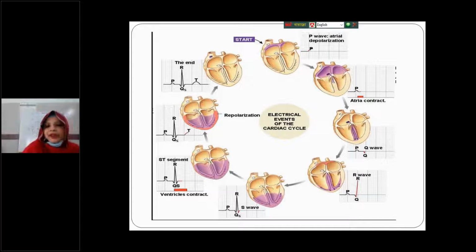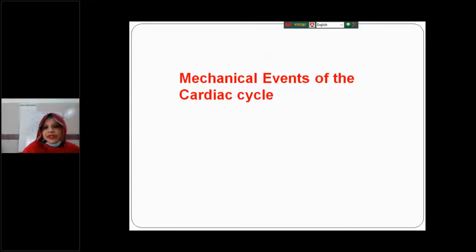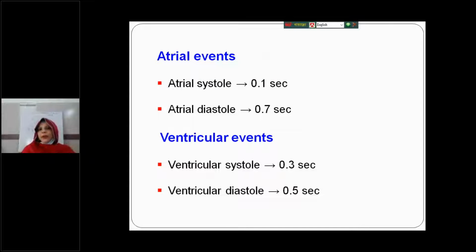Now, mechanical events, very, very important things. Mechanical events of the cardiac cycle. Already I have drawn this figure on the blackboard. Atrial events: I already mentioned that atrial systole is 0.1 second and atrial diastole is 0.7 second. Ventricular events: ventricular systole is 0.3 second and ventricular diastole is 0.5 second.